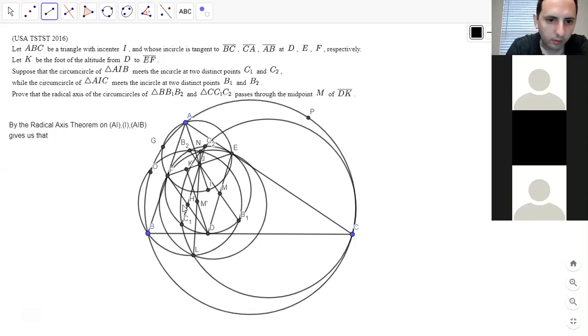And then, so is this like Pascal? This looks kind of like Pascal's theorem, but not quite, because J isn't on the circle. And then we could try to prove that HM, LN, and DK concur. HM, LN, and DK.